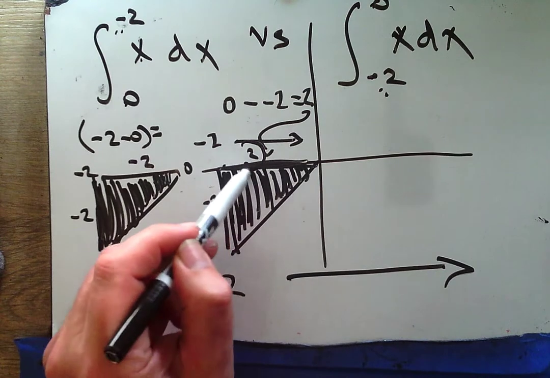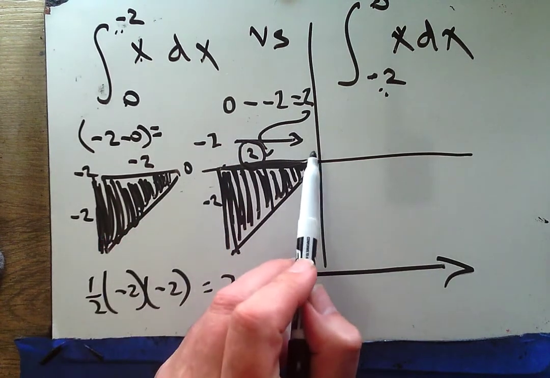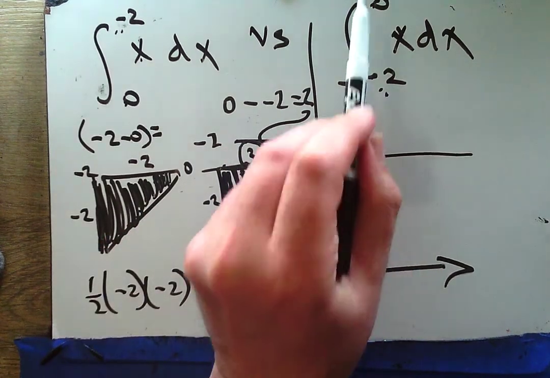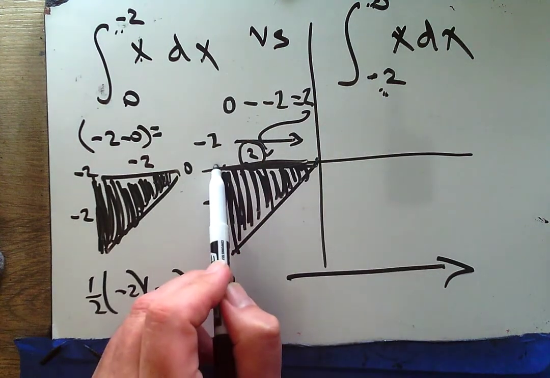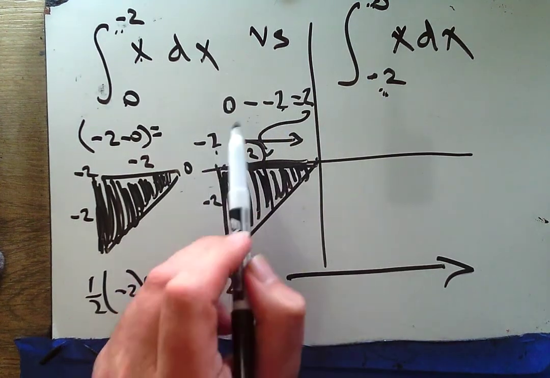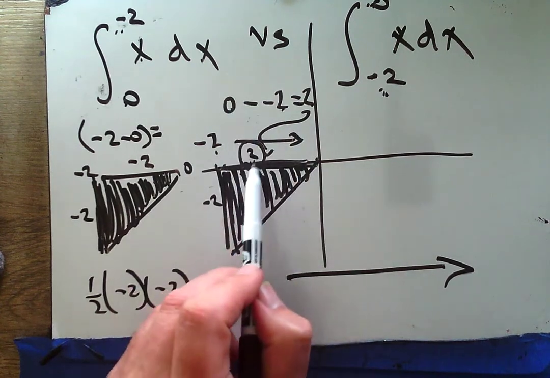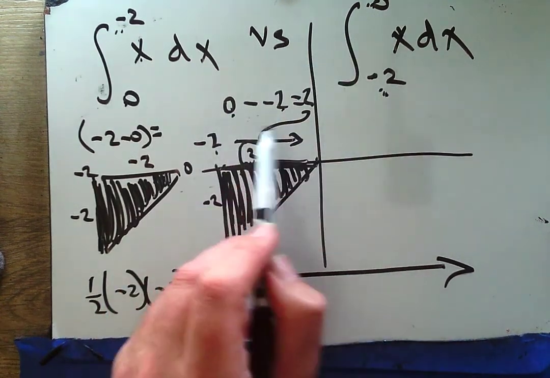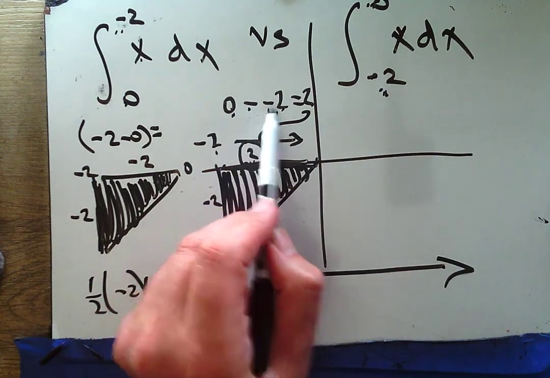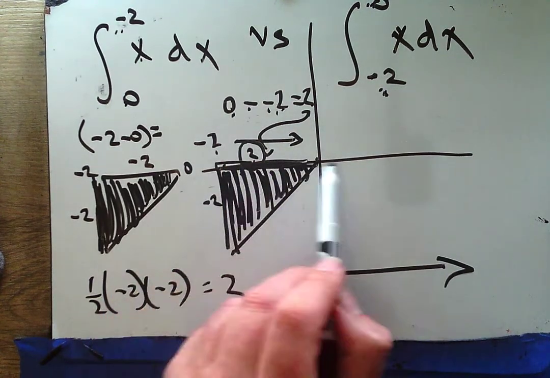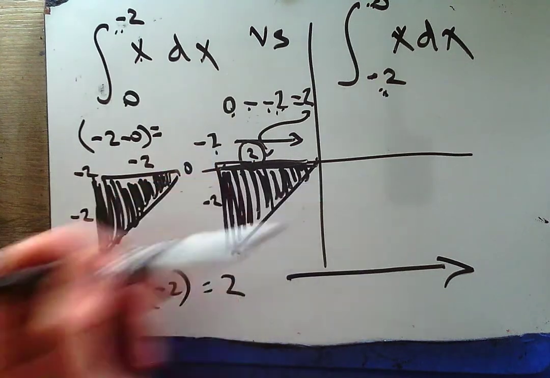Well, here, when this length was 2, because I was doing b minus a, that gave me +2. B value of 0, a value of -2, b minus a, I get a +2, so that length is 2 as I integrate this way.